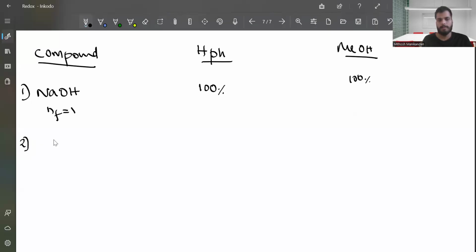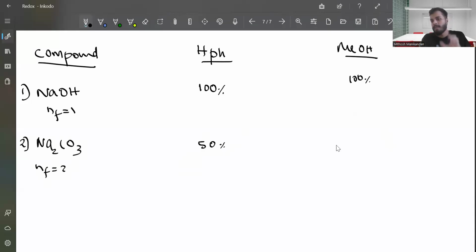Second, let's say we use Na2CO3. The n factor of Na2CO3 is 2, right? We already learned that in equivalence. With phenolphthalein, when Na2CO3 gets converted into NaHCO3, the full neutralization hasn't happened. Let's suppose that is 50%, right?